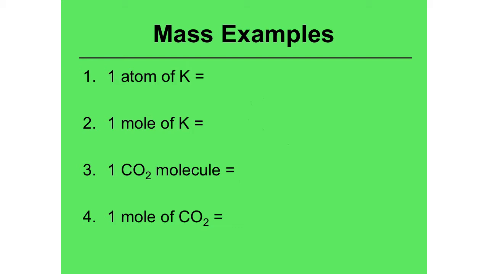Before we talk about the different forms of chlorine that are present, which lead to it having an average atomic mass of 35.453, we just need to work a little bit on units. If we have a singular atom that is very, very tiny, the mass would be measured in AMU. So we go to the periodic table, we find potassium.